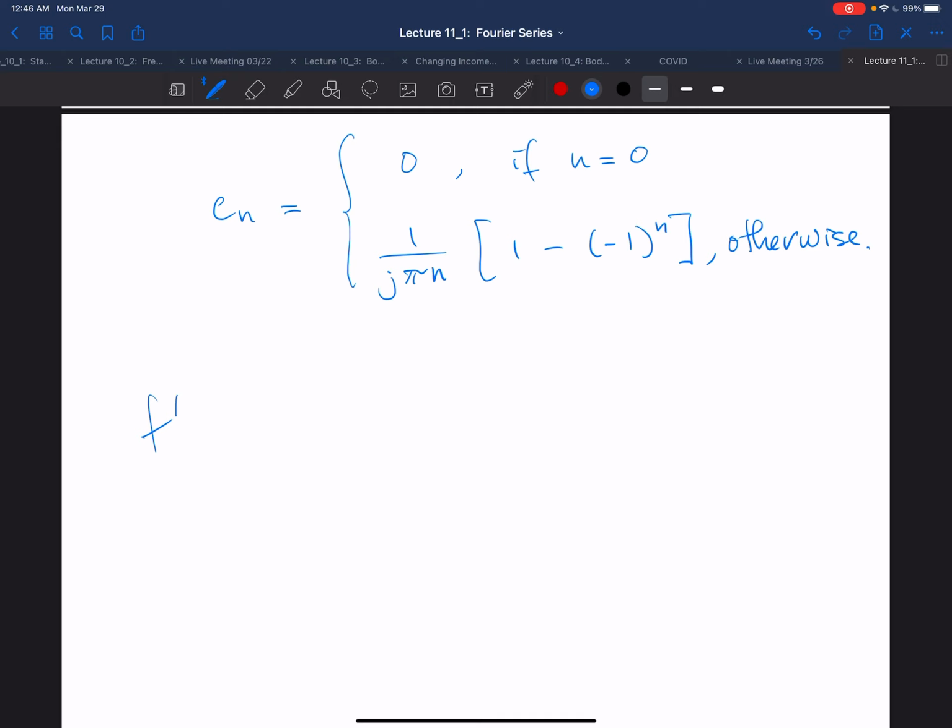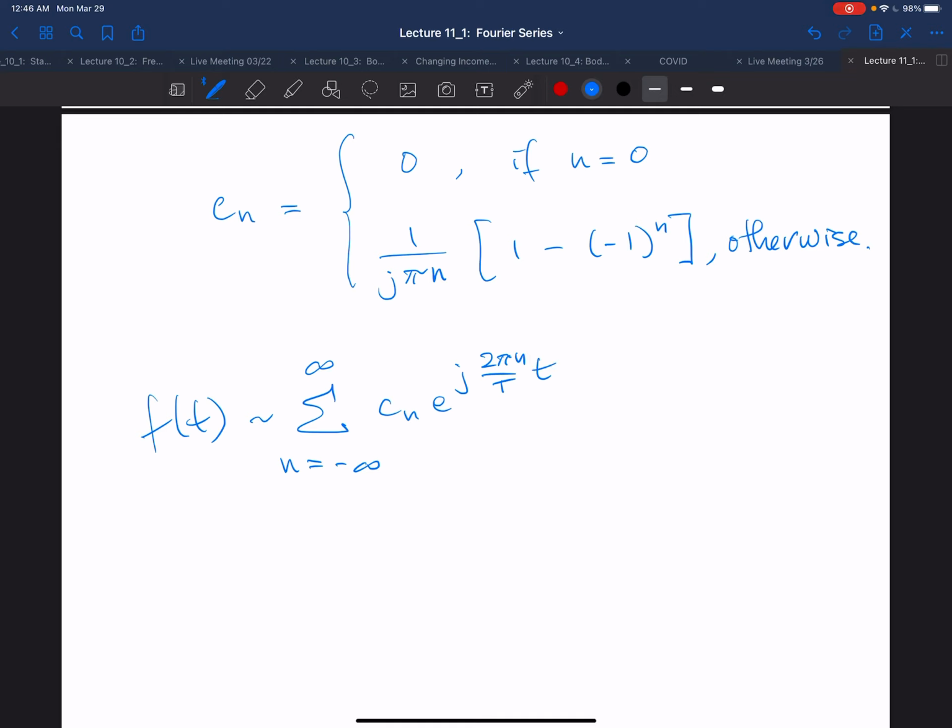For now, let's just write f of t is, let's say, approximately. We'll see exactly in what sense the Fourier series approximates f of t, but for now we'll just say f of t is approximately the sum from n equals minus infinity to infinity of c sub n e to the j 2 pi n over capital T times little t.